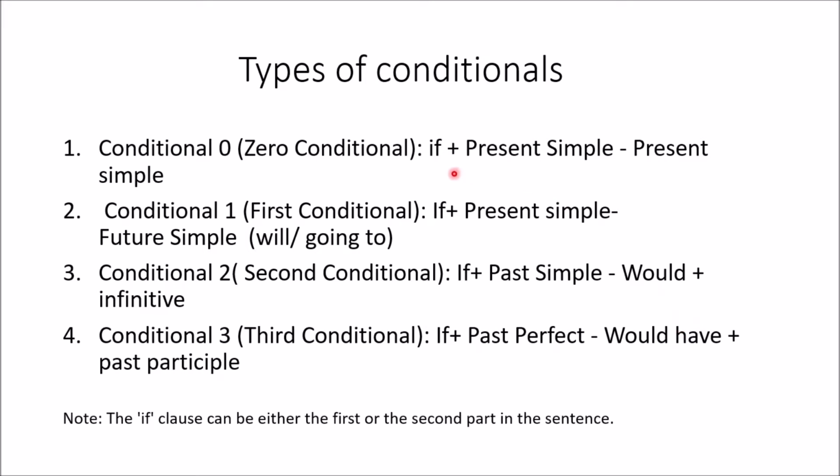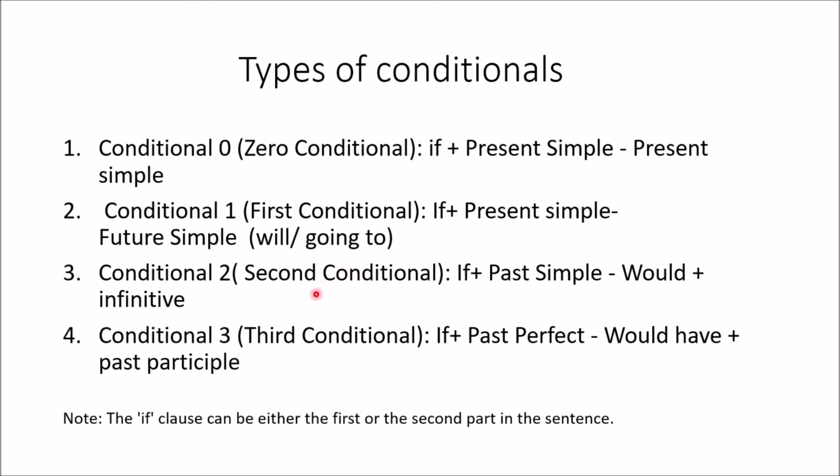Conditional 0 is formed using if plus present simple to make the if clause and the present simple to talk about the main clause. First conditional makes if plus present simple in the if clause and uses future simple, which could be will or going to, to complete the main clause.